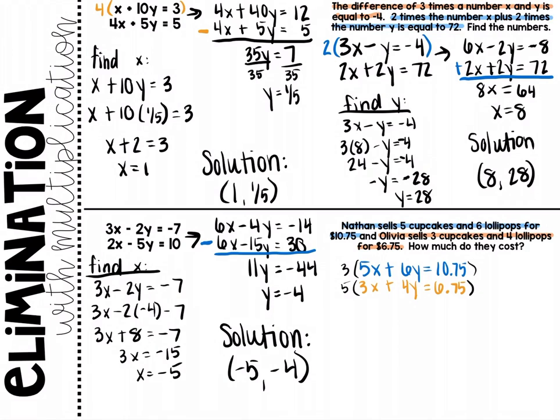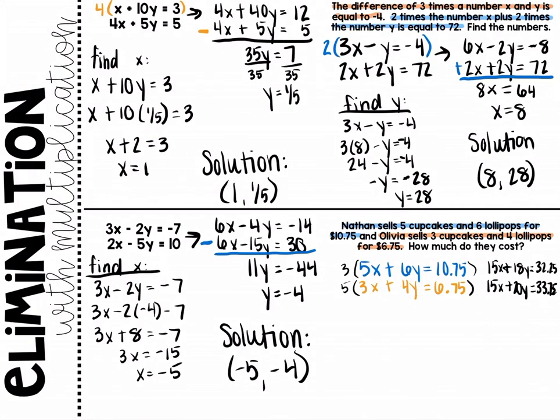And when I do that, I have 15X plus 18Y, and 10.75 times 3 is 32.25. Okay, and then the next one I have 15X plus 20Y equals 33.75 when you multiply those.